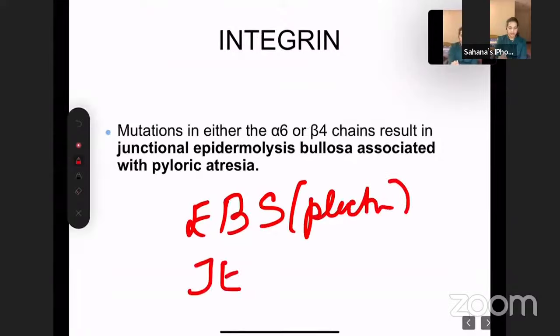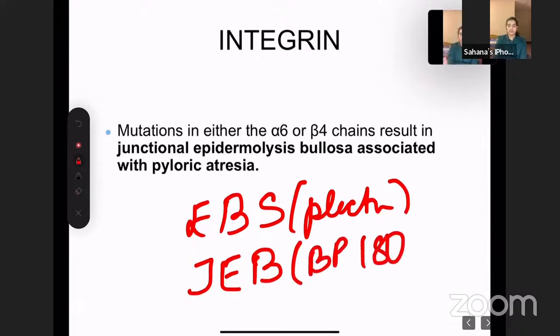And junctional EB, this is how we call it JEB. Junctional EB is caused by a defect in BP180, which is also known as collagen 17, and alpha 6 beta 4 integrin. So these are the things we need to remember for junctional EB.